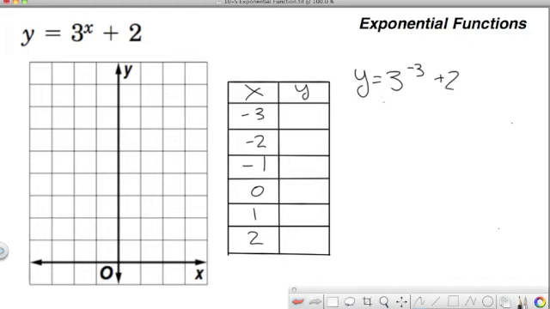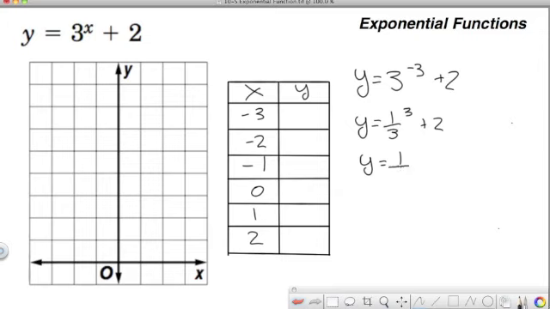So once again, we cannot have a negative exponent, so we need to flip this. We need to make it a fraction. So we're going to put 3 over 1, but flipped is going to be 1/3 to the power of 3, plus 2. So first we have 1 to the 3rd power, which is 1.